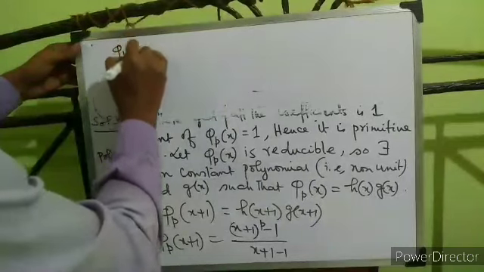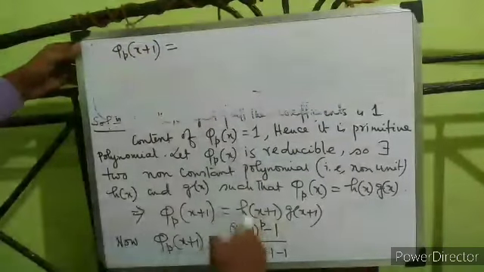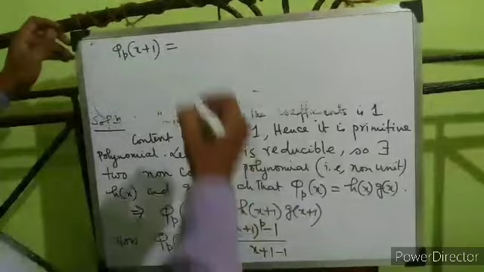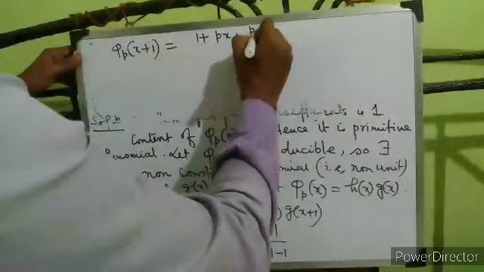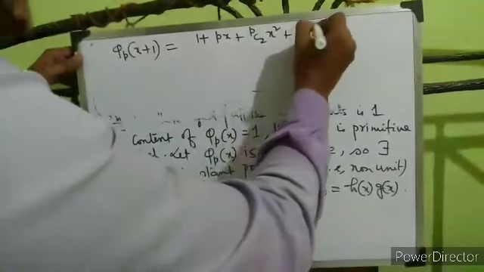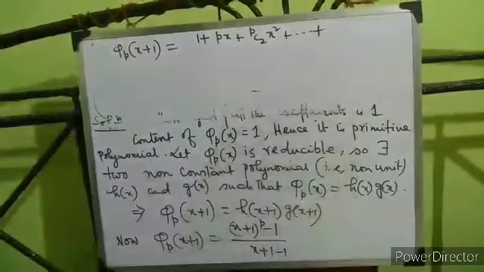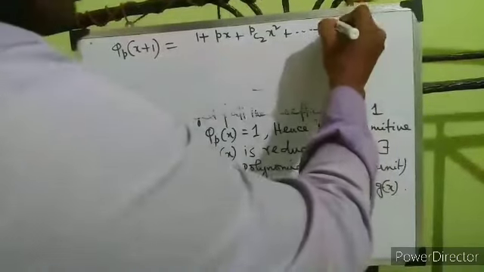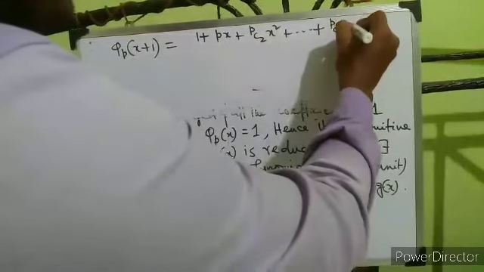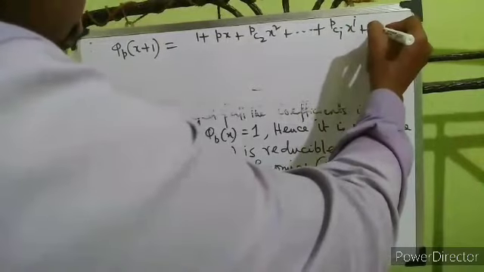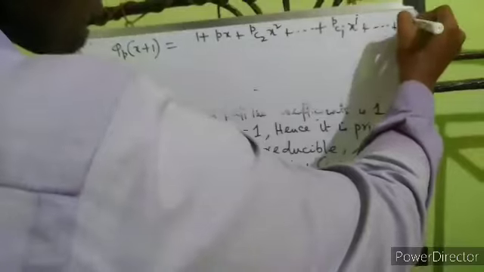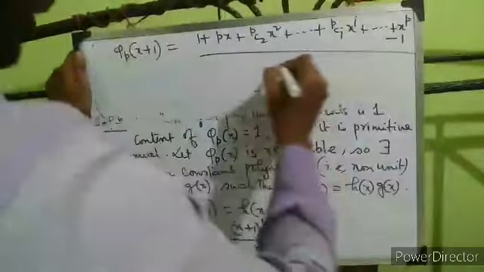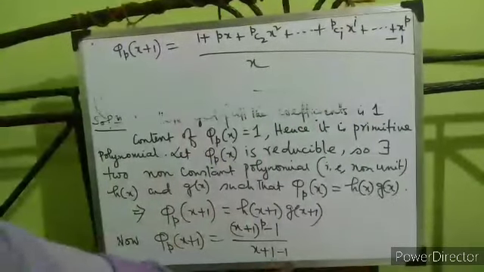It is phi p of x plus 1 is equal to 1 plus pc1 x plus pc2 x square plus dot dot plus pci x to the power i plus dot dot, last term is x to the power p, minus 1 divided by x plus 1 minus 1, that is x.